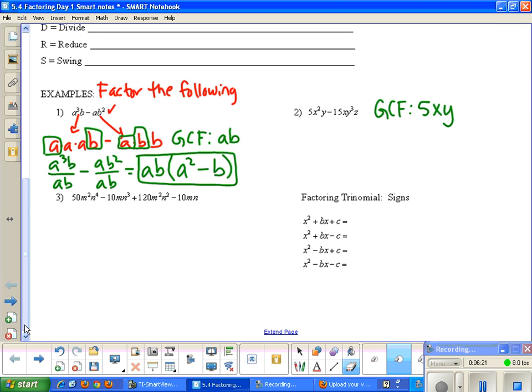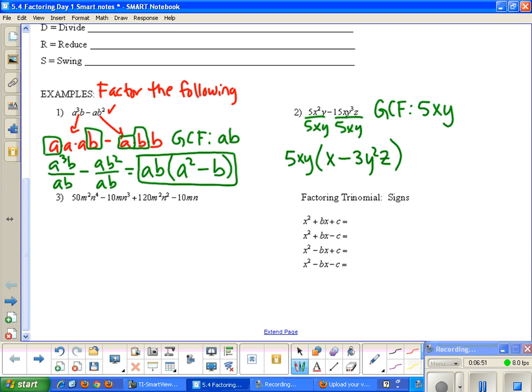So that means that I'm going to divide each term by 5xy. So when I do that, 5xy goes in front, and then 5 over 5 would be 1, so x squared over x gives me x, and then y over y is 1, so that's gone, minus 15 divided by 5 is 3, and then x over x is 1, y cubed over y gives me y squared, and then z doesn't have anything, so it just stays there.